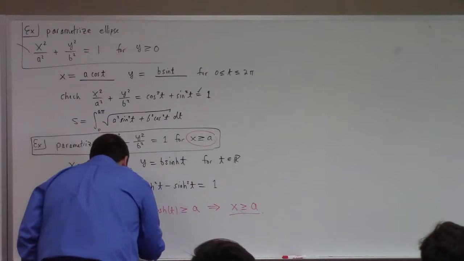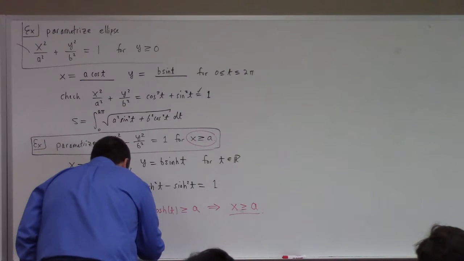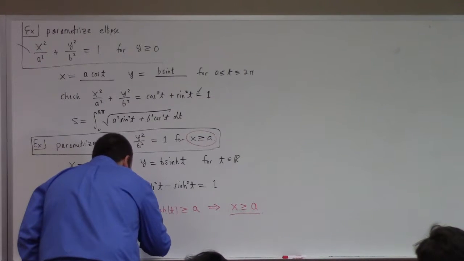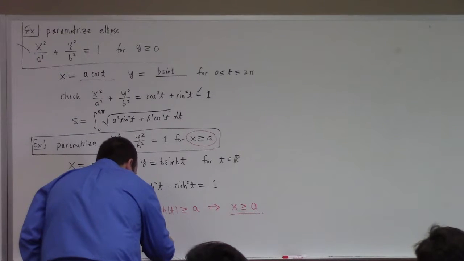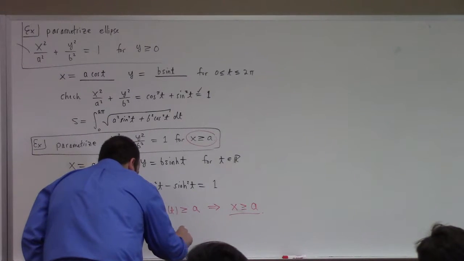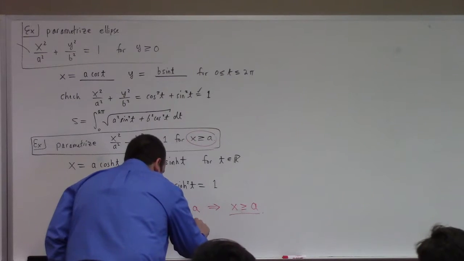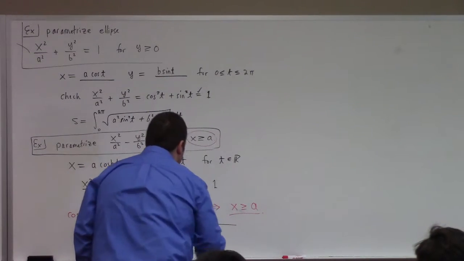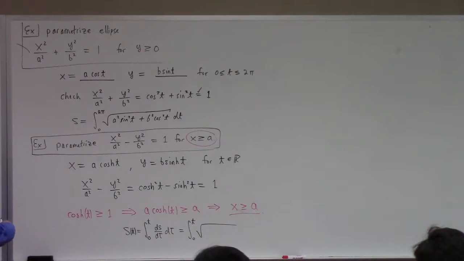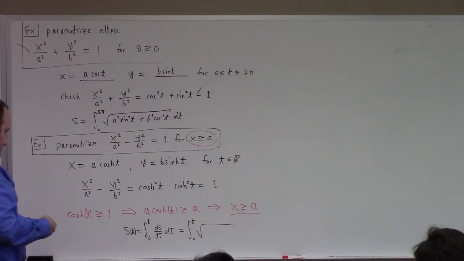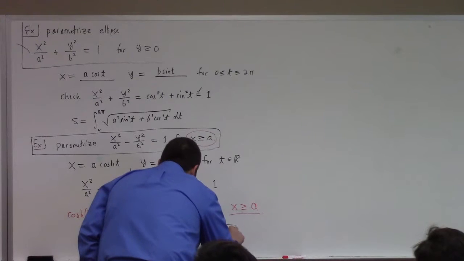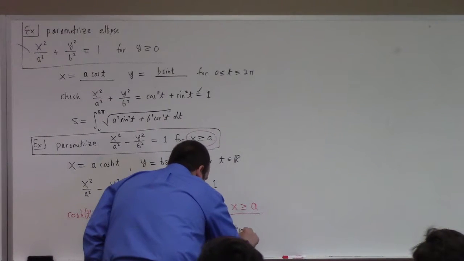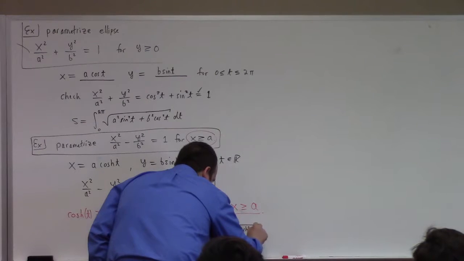So here's something you could do. You could calculate the arc length to time t based at 0. So you could do the integral from 0 to t of ds d tau. That would give you the integral from 0 to t of the square root. Let's see, dx d tau squared here is a squared sinh squared tau plus b squared cosh squared tau, d tau.